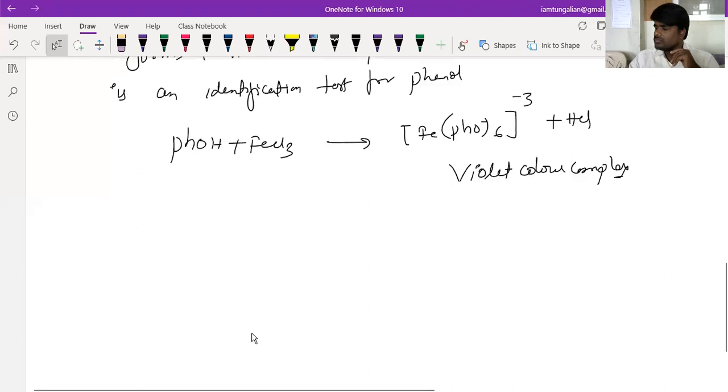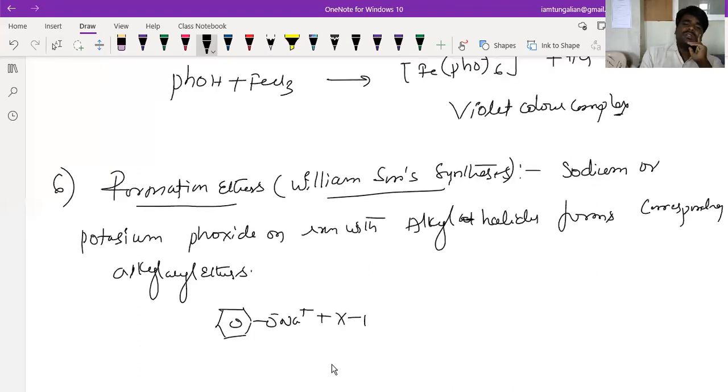This is a difference. So all these reactions suggest that phenol is acidic. Phenol with neutral FeCl3 forms a violet colored complex of the corresponding phenol.